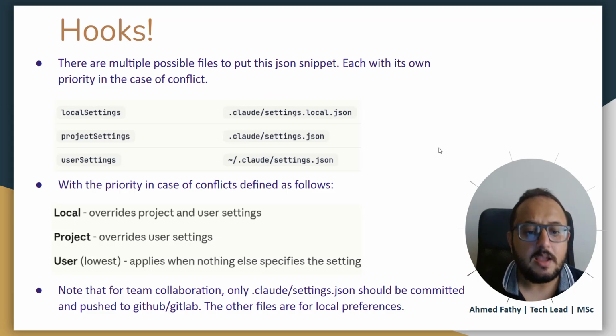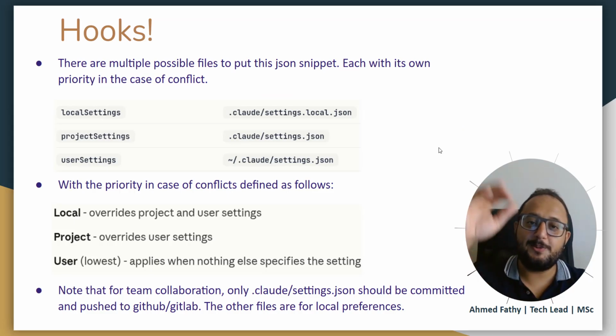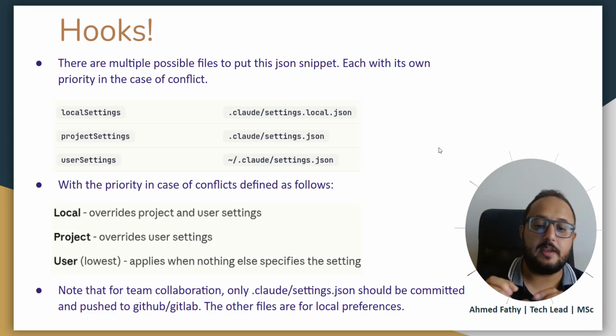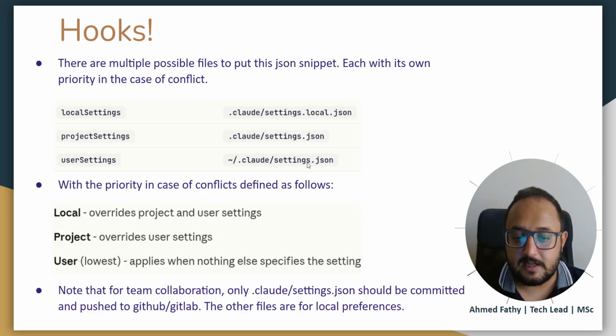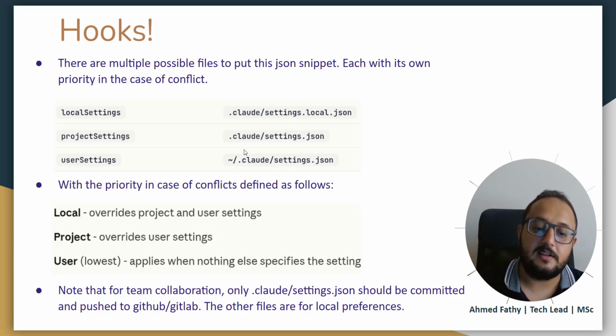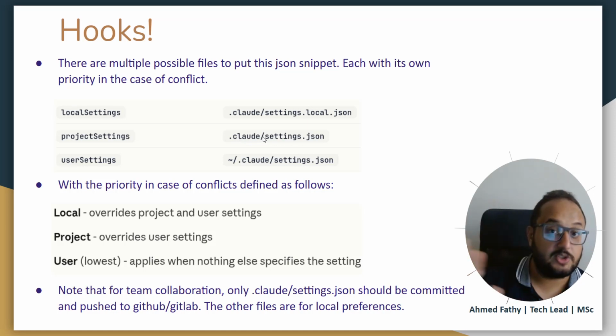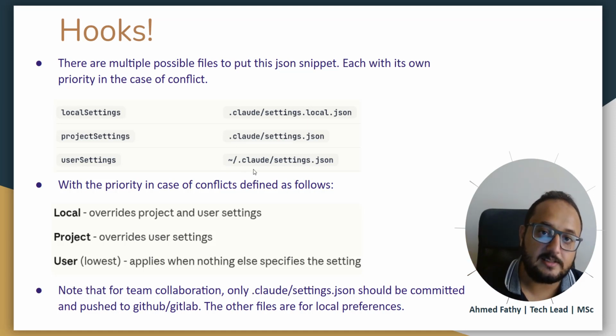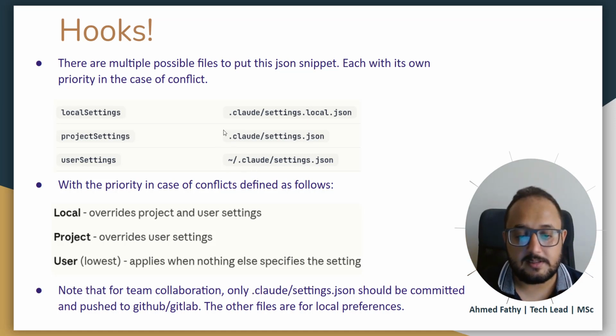Okay. So there are multiple possible files with this JSON snippet, each with its own priority in the case of conflict, and this is very important. The exam will probably have some questions on this. You can put this settings.json under the home directory, in ~/.claude/settings.json, or inside your own project, you can just create .claude/settings.json. Remember, this here is your home directory, and this is inside your project.